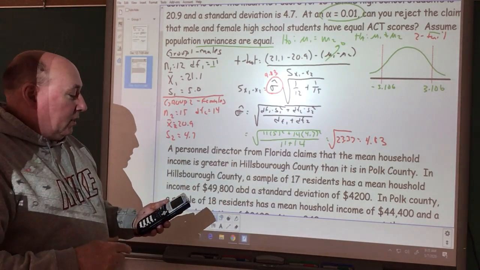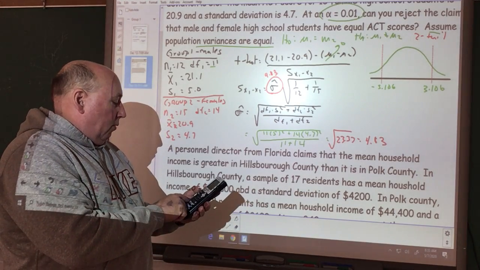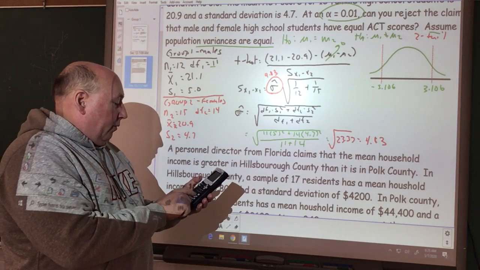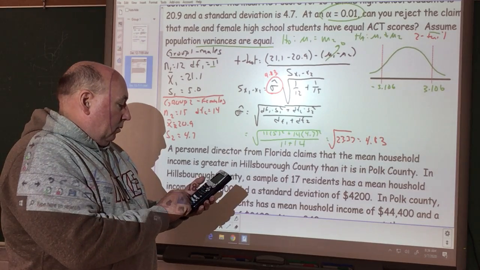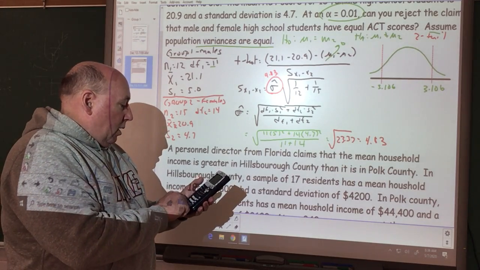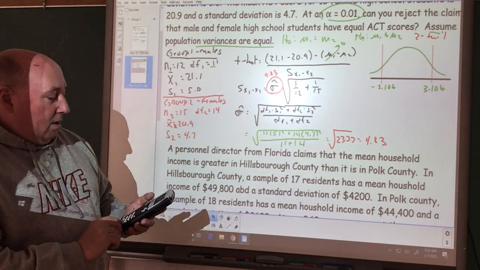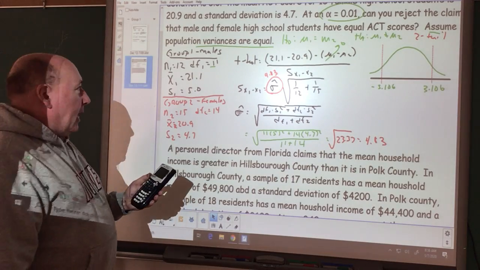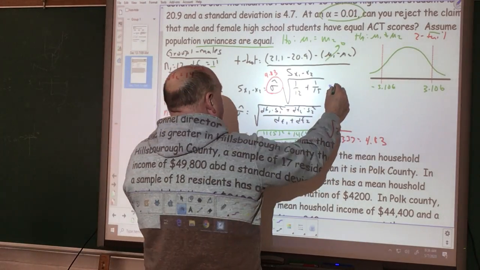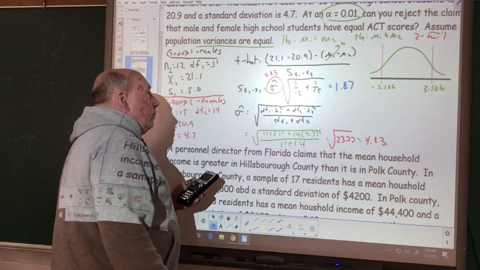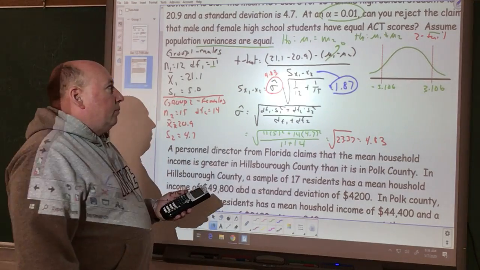So I'm going to keep the value in my calculator. I'm just going to hit times the square root of 1/12 plus 1/15. And we come down to this value then is equal to 1.87. And once again, that is this value here.